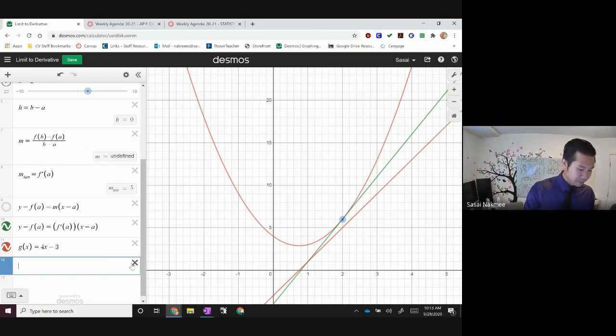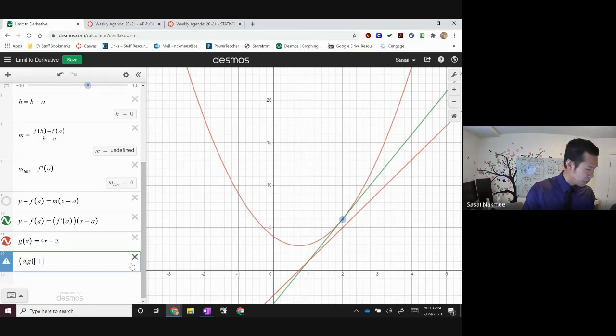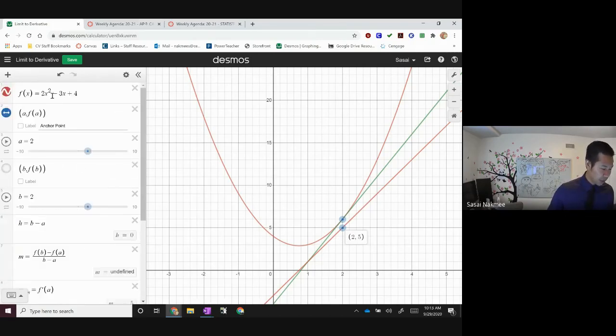Give me 1 second. A comma g of a. This graph of 4x minus 3 is the graph of the derivative of 2x squared minus 3x plus 4.